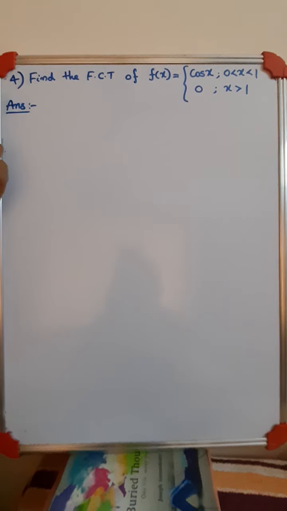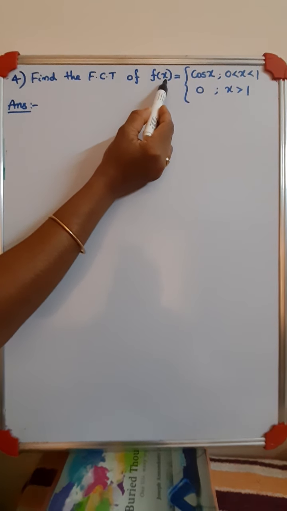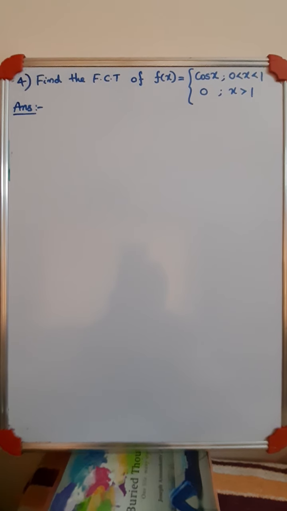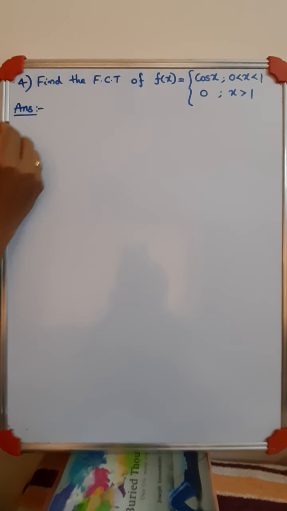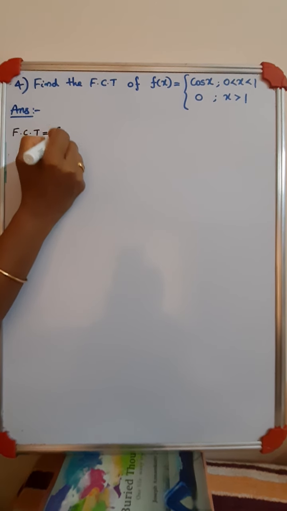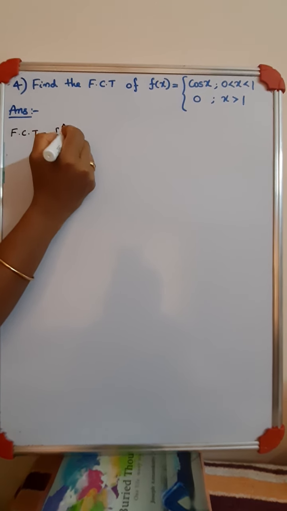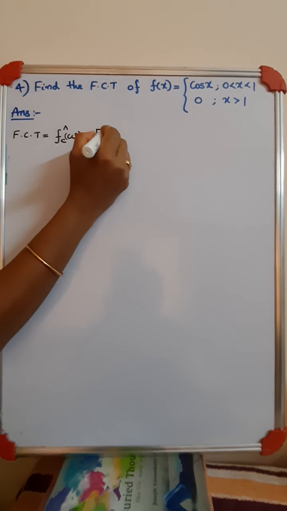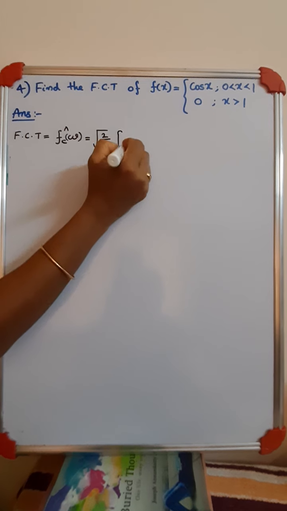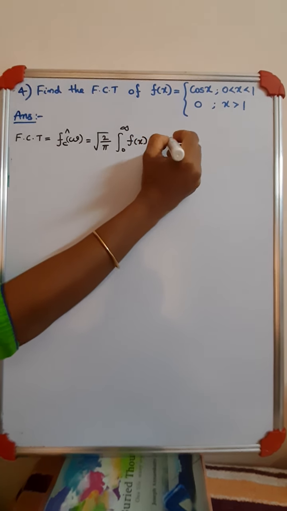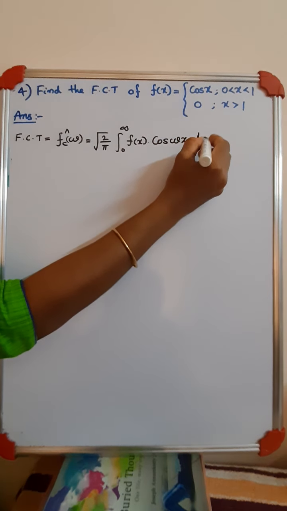Next problem, find the Fourier cosine transform of f(x) equal to cos x, where 0 less than x less than 1, and 0 for x greater than 1. So what is the formula for Fourier cosine transform? The notation is Fc cap of omega. Fc cap of omega is equal to root of 2 by pi integral 0 to infinity f(x) into cos omega x dx.